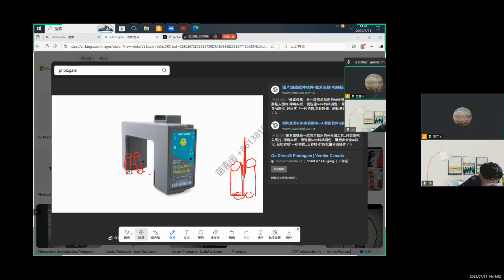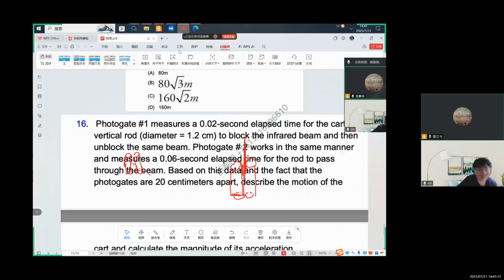This is how they calculate the instantaneous velocity, the velocity at that moment in a very short time. Thank God we have this kind of good detection device now. So for Photogate 1, how do I find it? Using the 1.2 diameter divided by 0.02, which is the initial velocity.